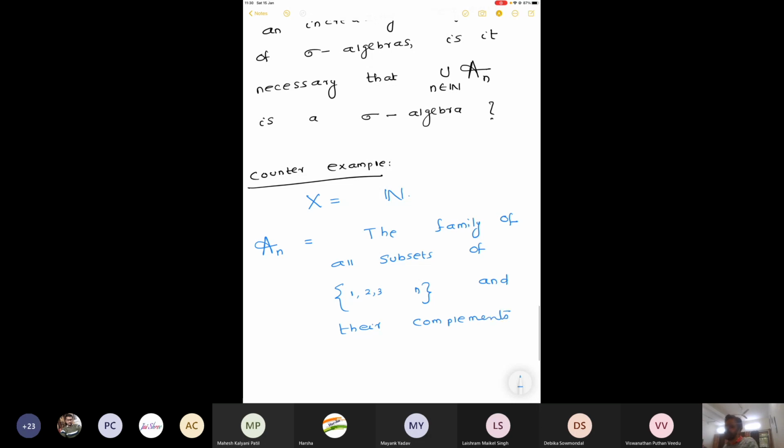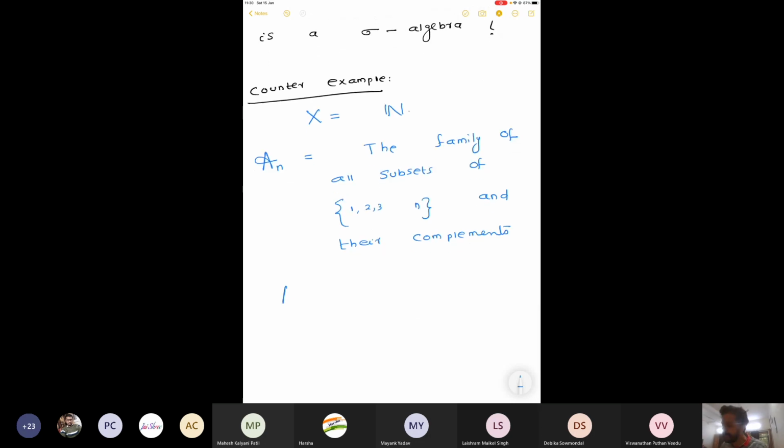Let me write a few A_N. A_1 would be the collection: you take all subsets of the set {1}, which are the null set and {1}, and their complements. What are the complements? The complement of the null set is N, and the complement of {1} is N minus {1}. So this is your A_1.